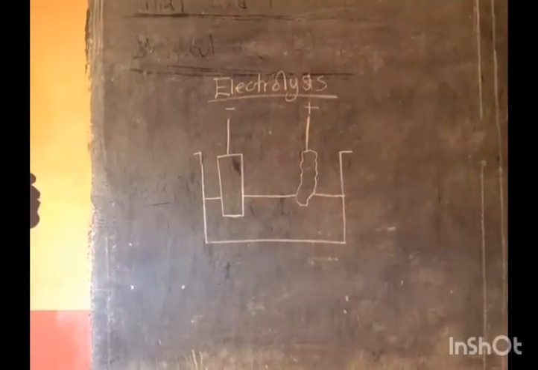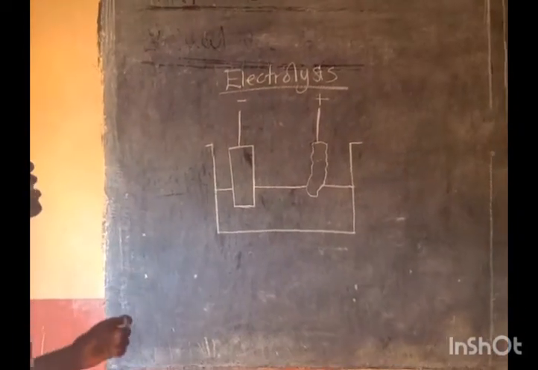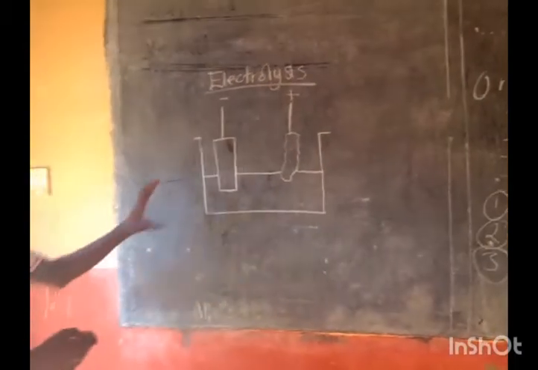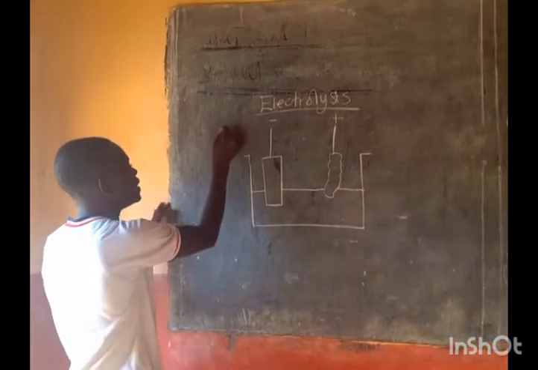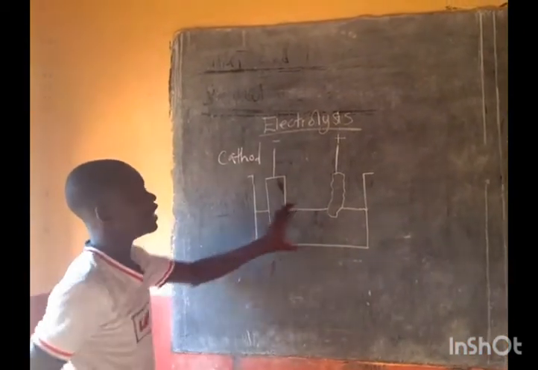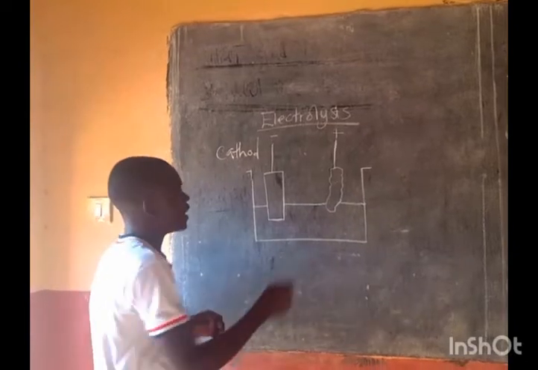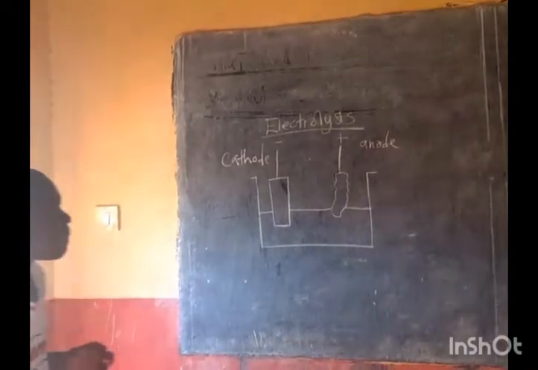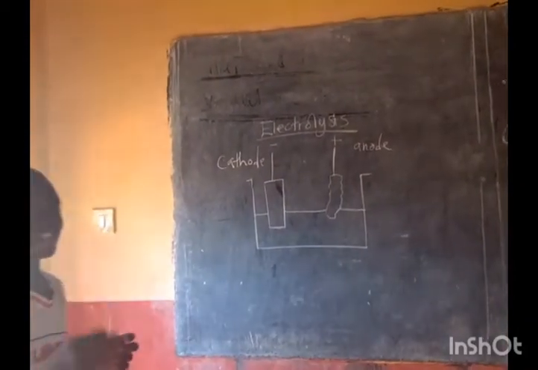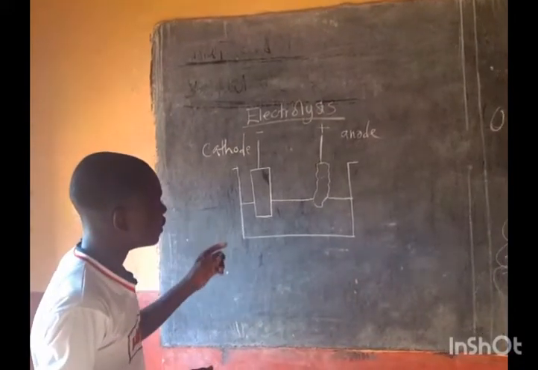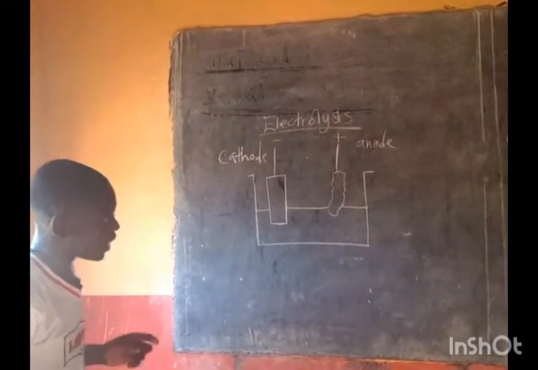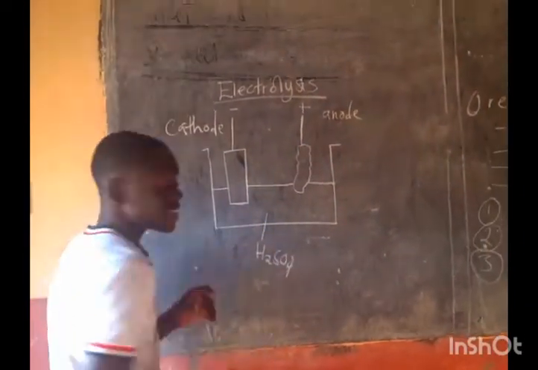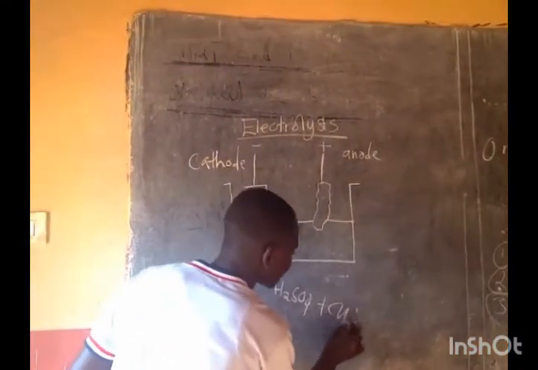So electrolysis is the process that is used to purify copper. During the process of electrolysis, we place pure copper on the cathode side, and the impure copper, the one which we are purifying, on the anode side. The main electrolyte that we use to purify copper is sulfuric acid, which is later added with copper sulfate.